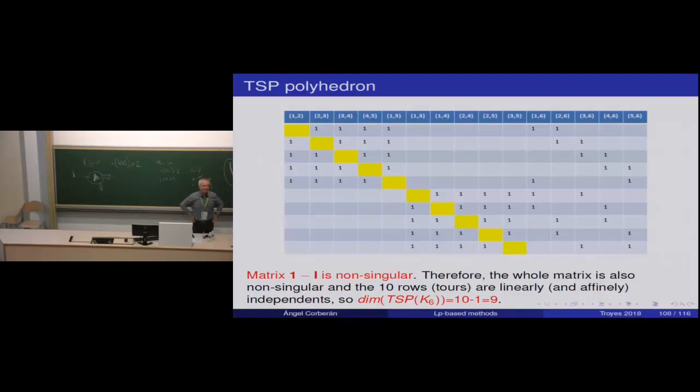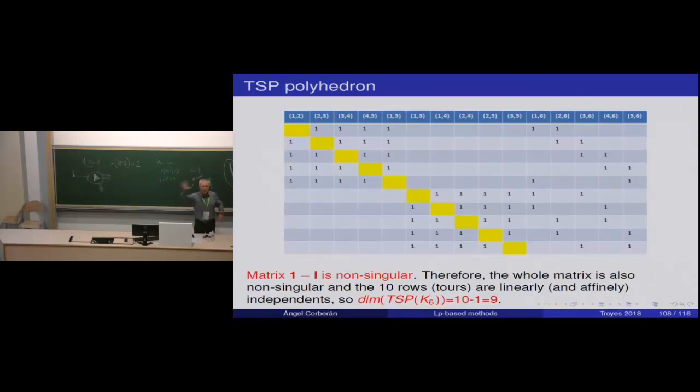The answer is yes. All our tours have to satisfy that the number of edges it uses is n. All your TSP solutions use n edges, since you have n vertices.